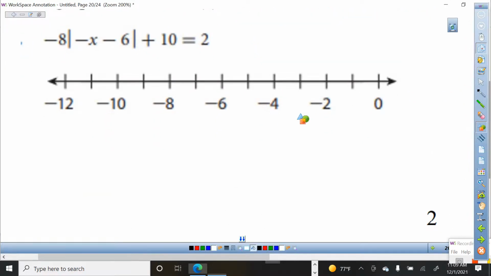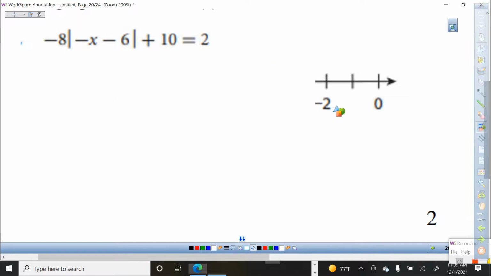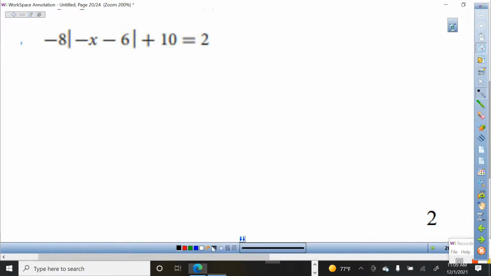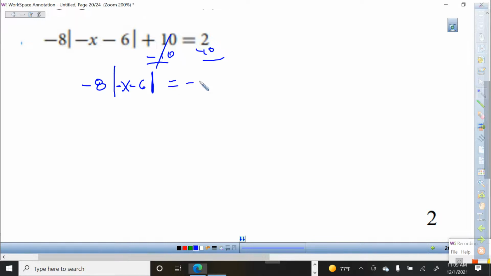All right, here it goes again to make sure that we got the process. First things first, we needed to leave the absolute value by itself, so you subtract the 10 from each side. We end up with -8, absolute value, negative x minus 6 equals -8. So far, so good. Then we divide by -8 both sides.